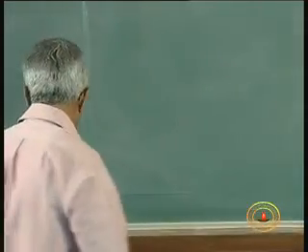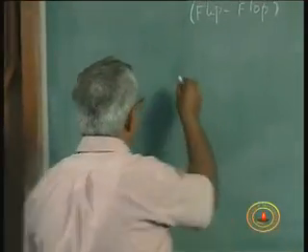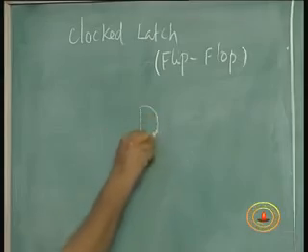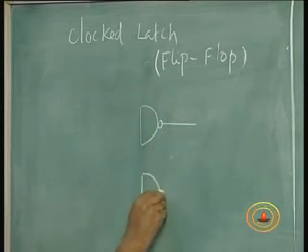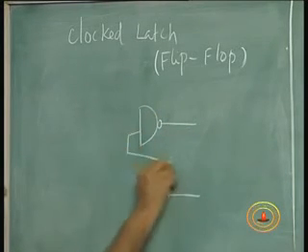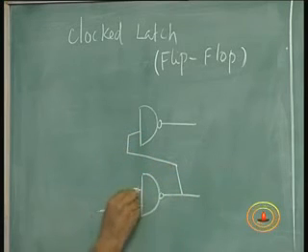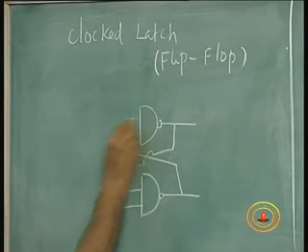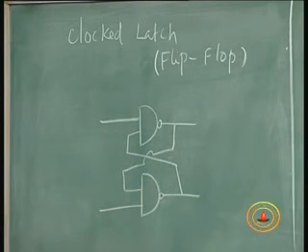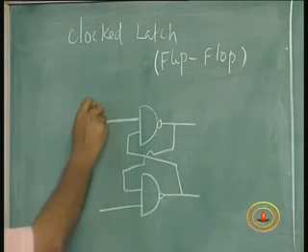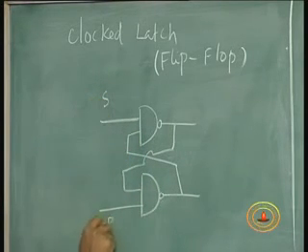So in other words, if you take that simple NAND latch, this is one of the circuits. We saw two circuits in the last lecture. One of them is this, where this is a set input and a reset input.